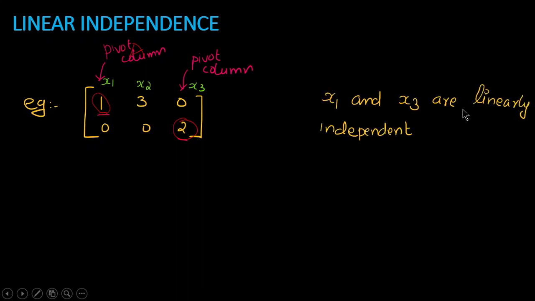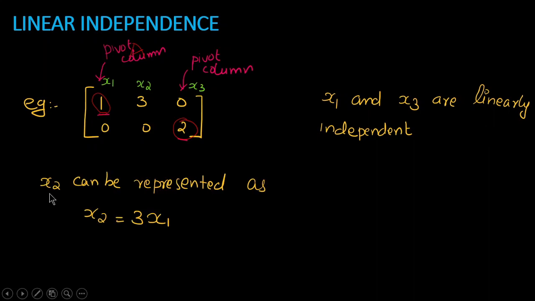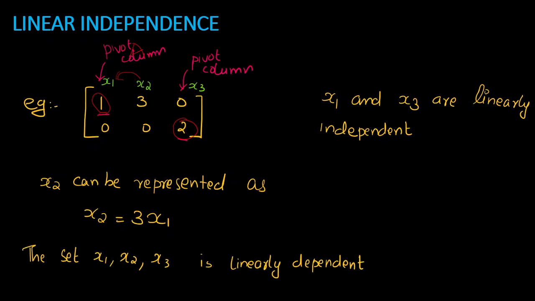Okay, x1 is independent and x2 can be represented as 3x1, in terms of its left-hand side vector. So we can say that the set x1, x2, x3 is linearly dependent. They are not independent because there is a non-pivot column here. Non-pivot columns represent the dependent vectors.